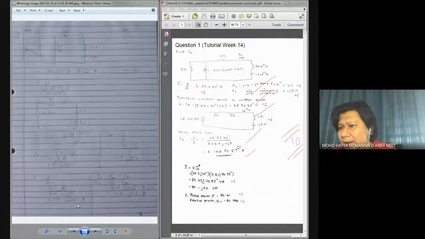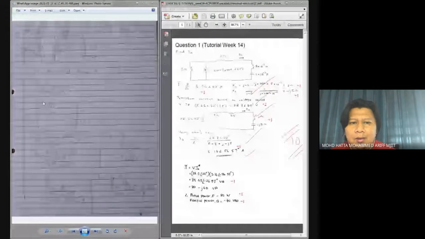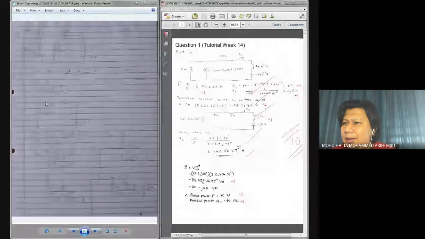But I'm worried about why you have this one. Okay, I think you don't need to. This is a series circuit, which means that whatever current flows here is the same current flowing here, the same current flowing in each element. And why do we have this one?